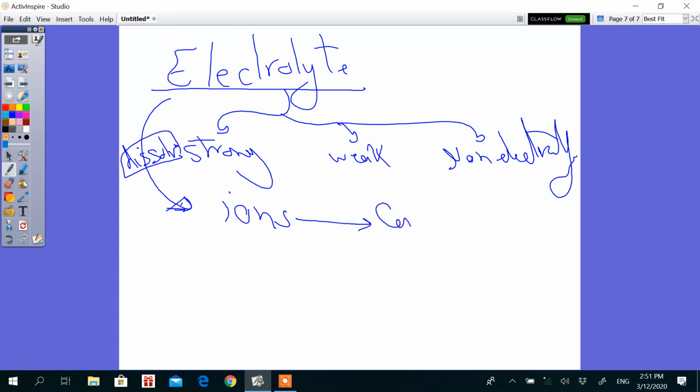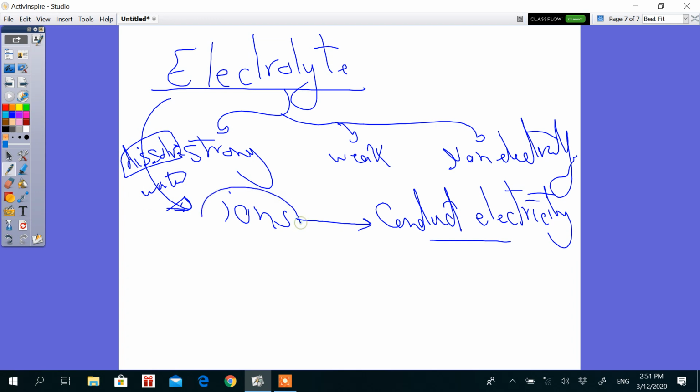So it can conduct electricity or electric current. That is electrolyte, electricity. So an electrolyte is any substance that dissolves or dissociates in water and produces ions. It's very important: these ions can conduct electricity.